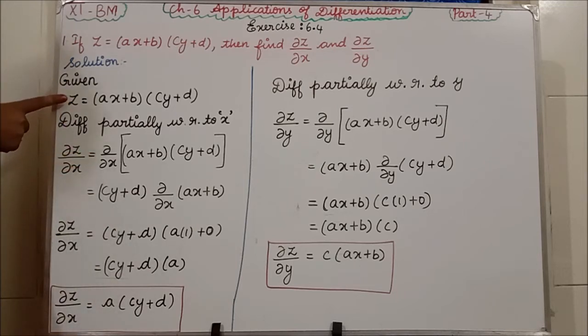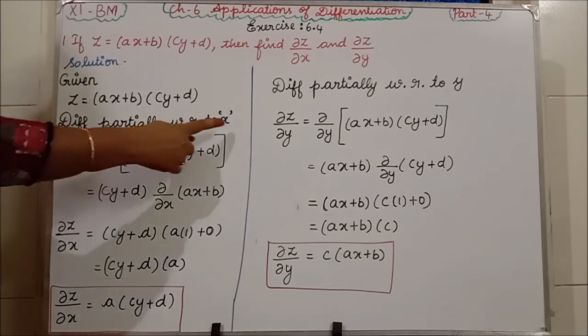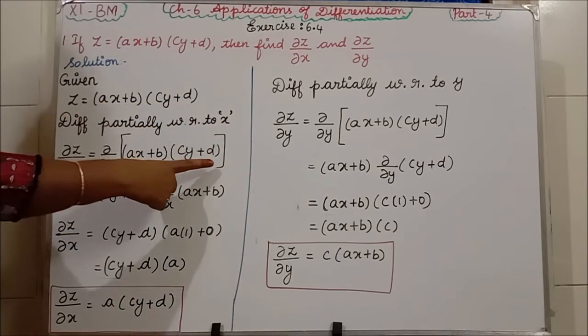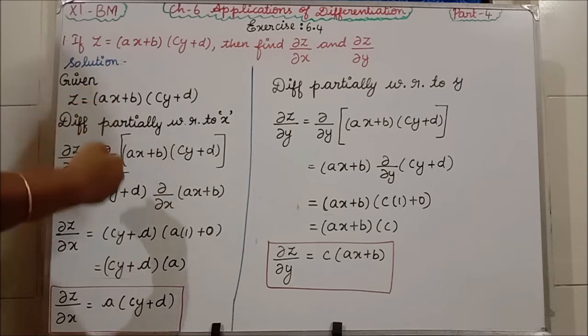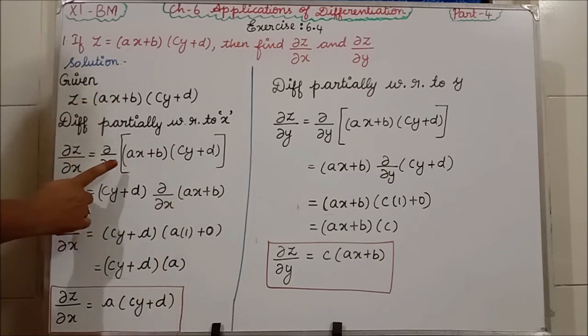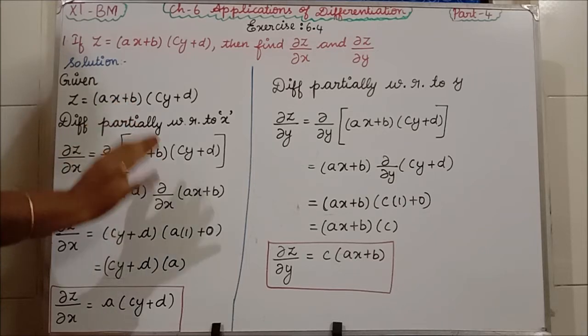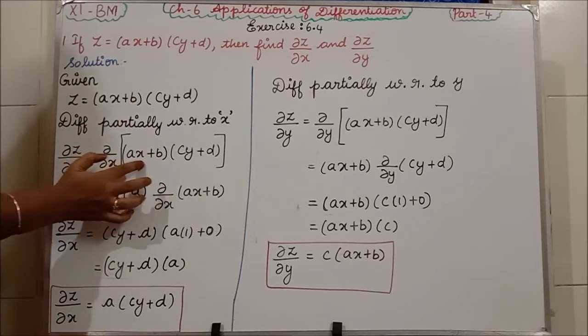Here I am differentiating this z: dou z by dou x equal to dou by dou x of, I am differentiating with respect to x. So inside this term I have written. The next step, I am going to differentiate with respect to x. Now see here, whether you are having an x term, yes. So this term only we are going to differentiate.